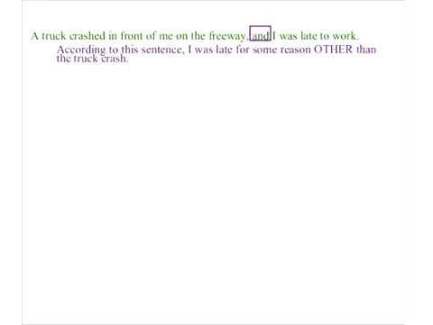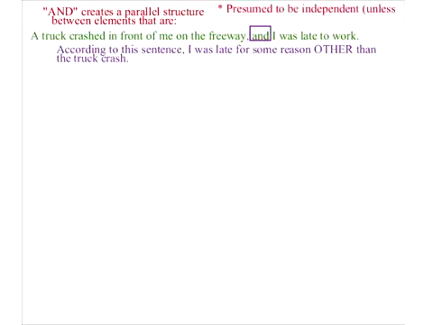And creates a parallel structure between elements that are, number one, presumed to be independent, unless they're a sequence, and then equal in priority or importance.